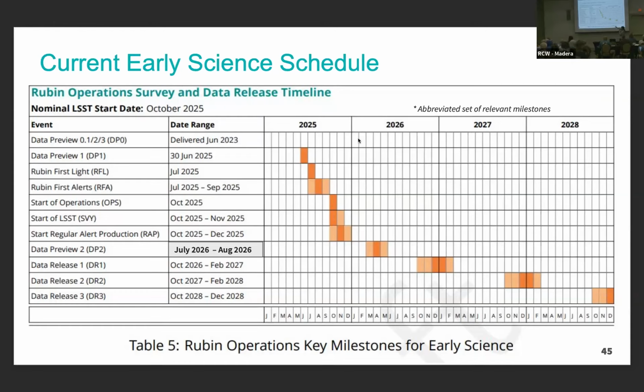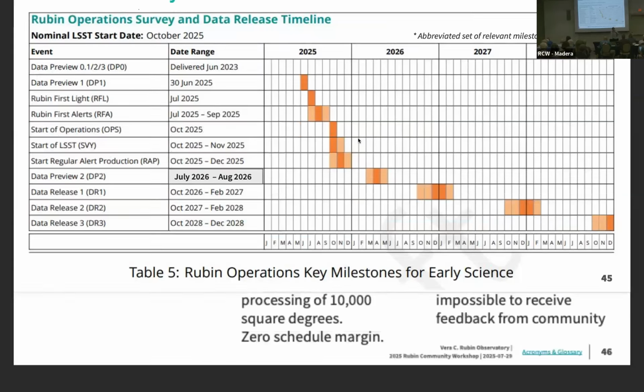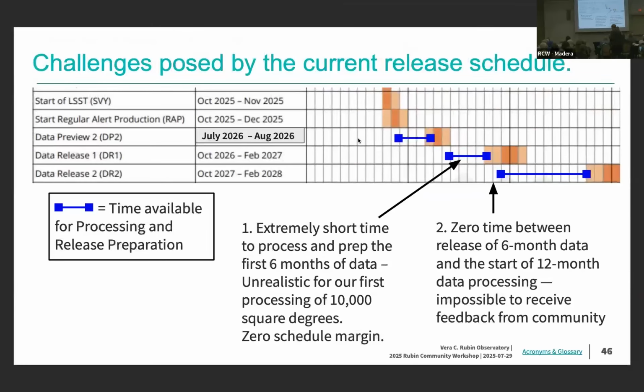We clearly wouldn't make that target either. And then data release 2 in future. All this together with ramping up the alert production and the prompt products database that Eric has just talked to us about. This is a lot of work and it's a highly aggressive schedule. And I'm going to invite Colin up to talk to us in a little bit more detail about some of the challenges posed by this release schedule.